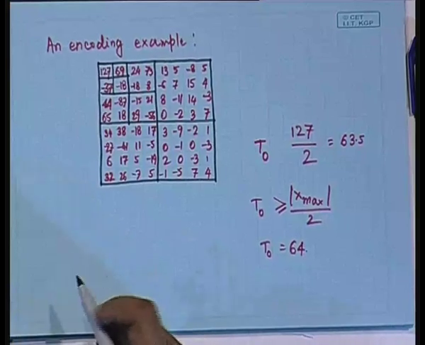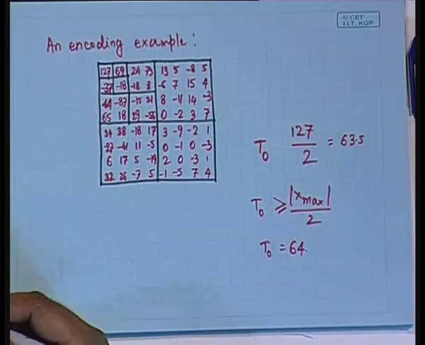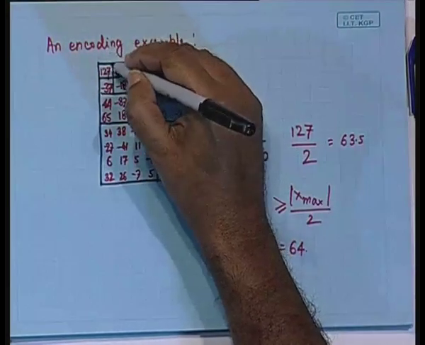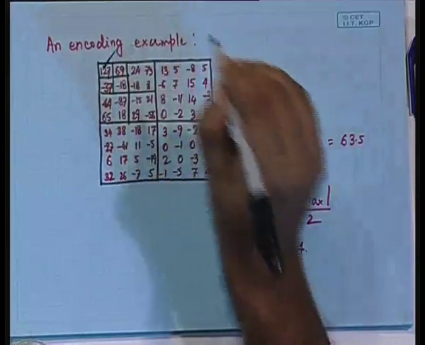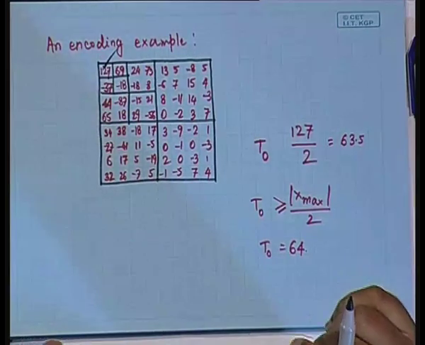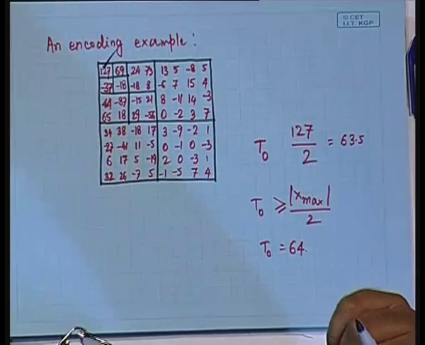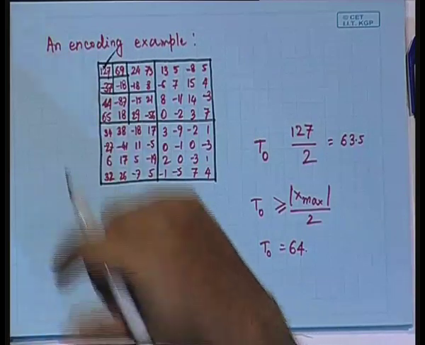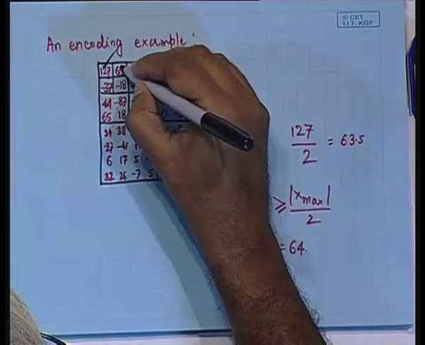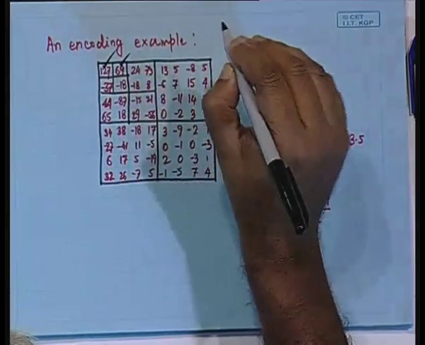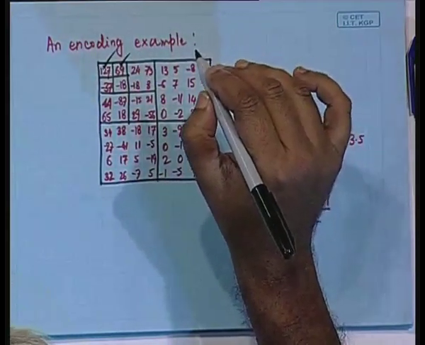So, what happens is that this coefficient value 127 is a significant value. Not only is it significant, it has a sign, and the sign is positive. So, it is significant with a positive sign. Look at the next value, that is 69. This 69 value in the HL3 subband is also significant.